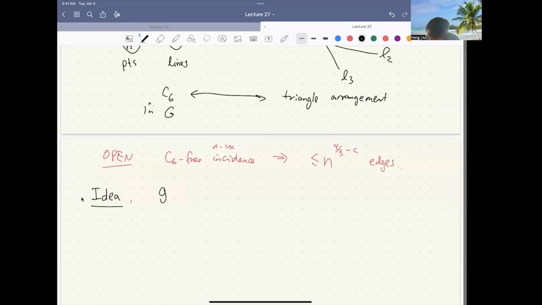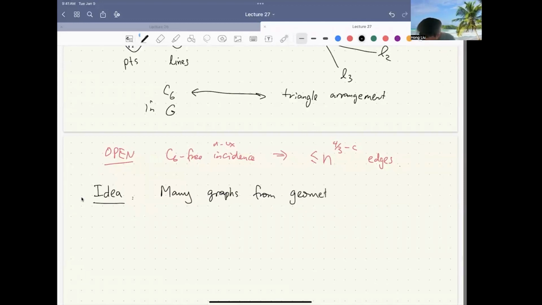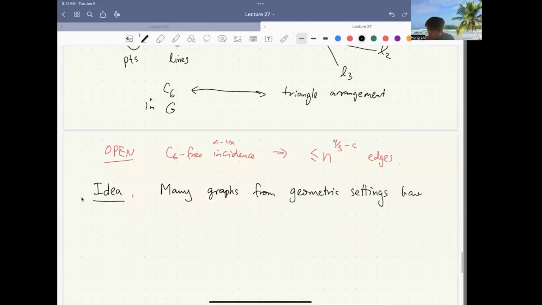A lot of graphs, meaning graphs obtained from geometric settings, like this point-line incidence graph, do not have a uniform edge distribution, meaning that they have their edges clustered or non-uniformly distributed.